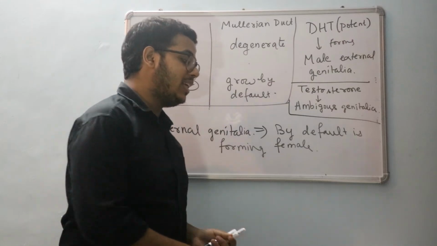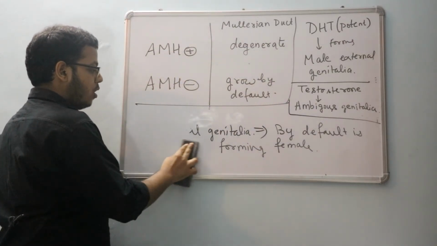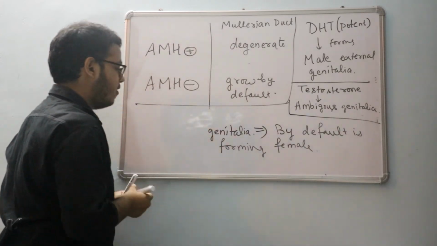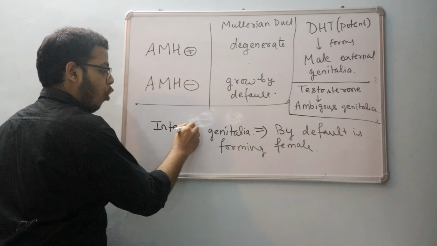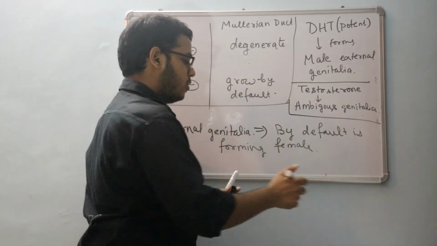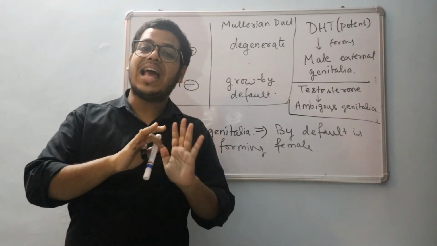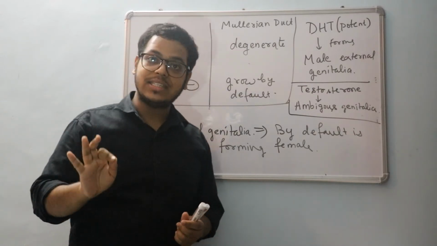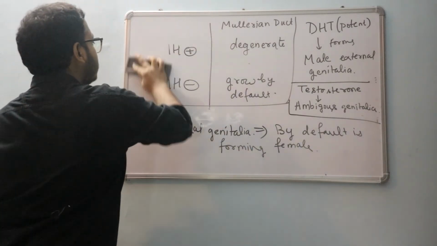Similar thing happens with the internal genitalia as well. To save time, I'll just do this. Internal genitalia also by default forms female only. If testosterone or any androgen is absent, I'll rub this.